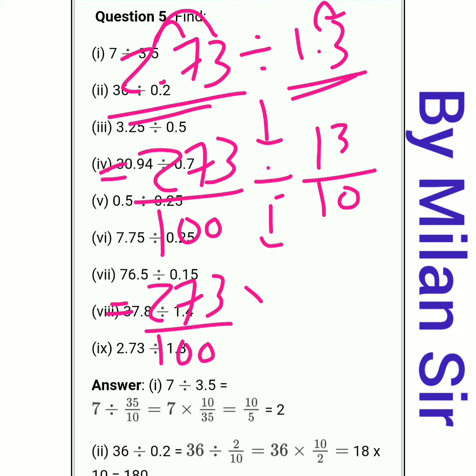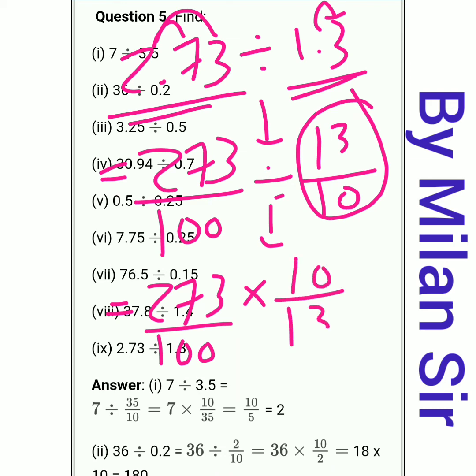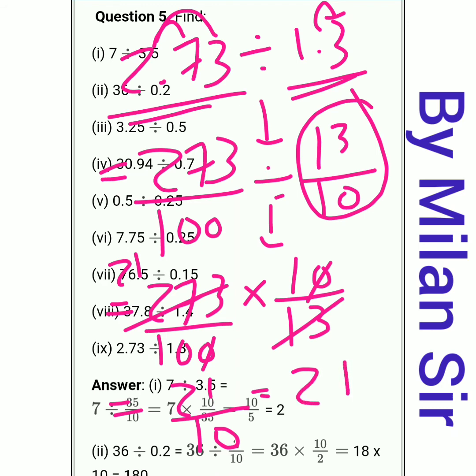This division we convert into multiplication, and for that we take the reciprocal of 13 by 10. It is 10 by 13. Now 10 cuts with 100. 273 divided by 13 is 21. So in the numerator we have 21 and in the denominator we have 10. Here in the denominator we have only 10, so in the numerator, before one digit, we put the decimal point, so it is 2.1. This is our final answer.